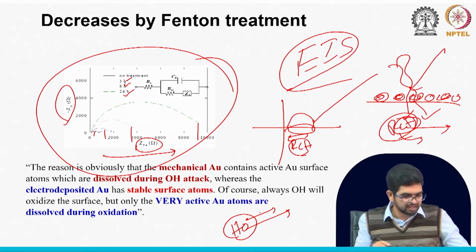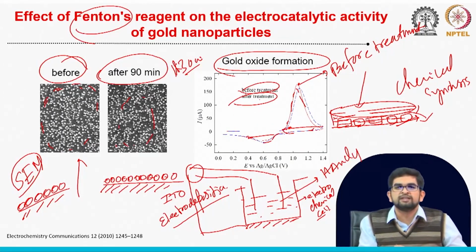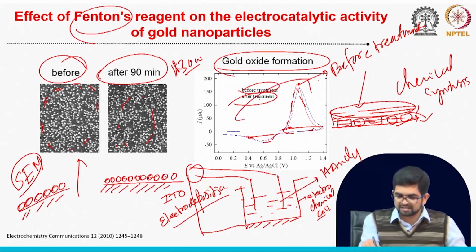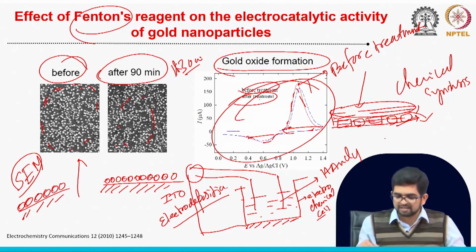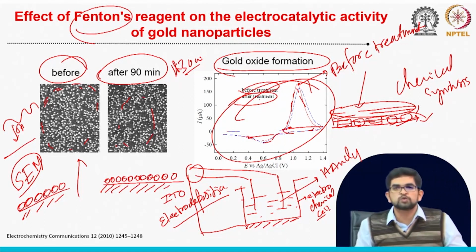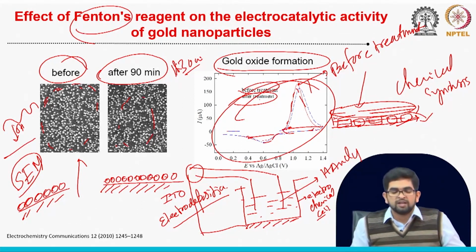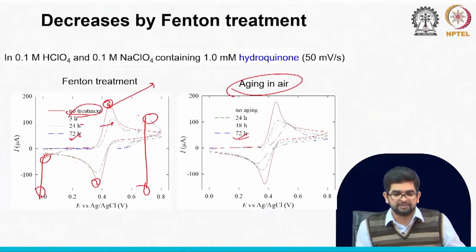That is why, if you go back, the nanoparticle image is the same, and you get almost similar oxidation reduction peaks of CV, because it is not dissolving. But in the disc electrode case, before it was like this surface, and after the hydroxyl radical attack you can see the surface become almost smooth. So the nanoparticle surface is very stable.